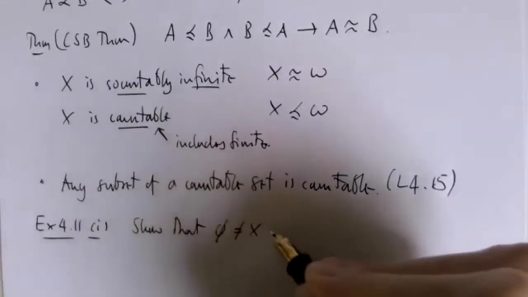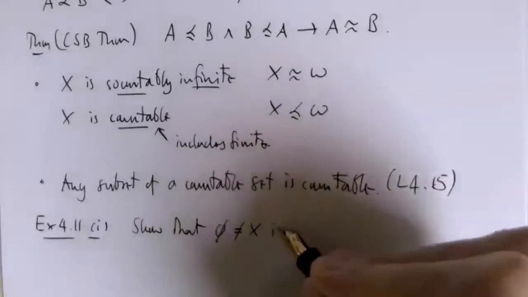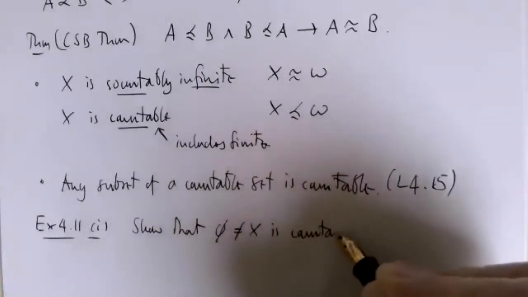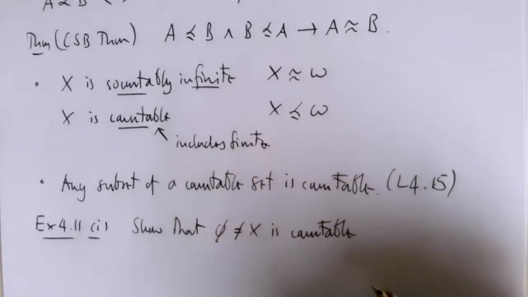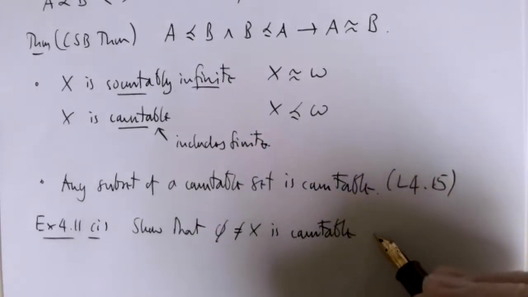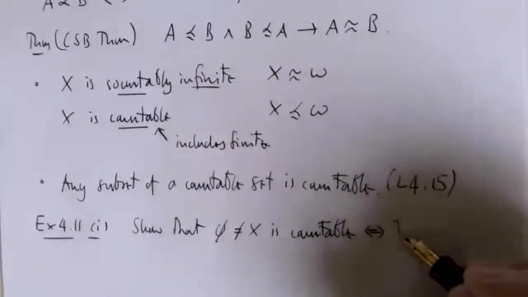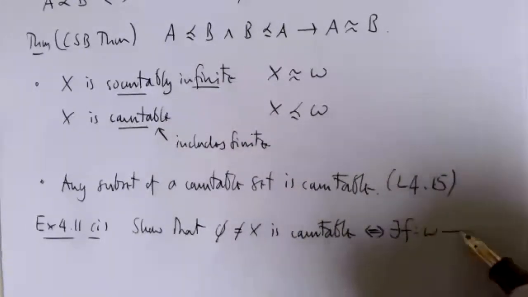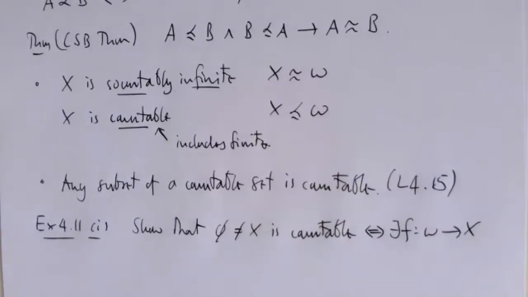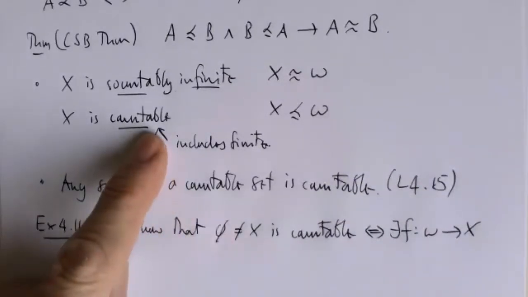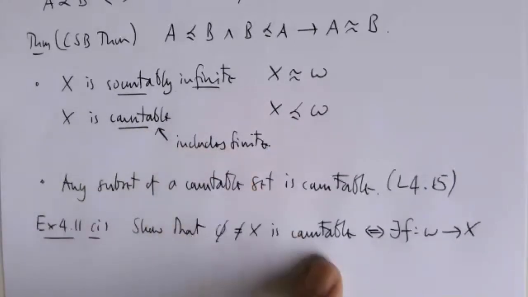Show that a non-empty set X is countable if and only if there's an onto map from omega onto X. So countable includes finite.